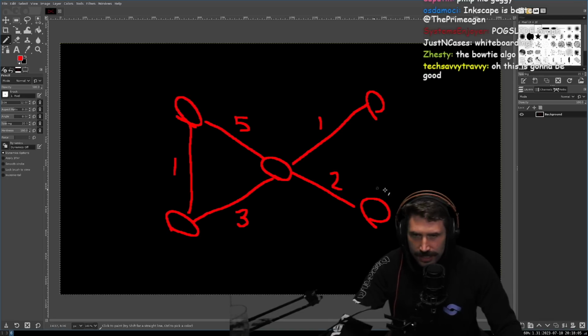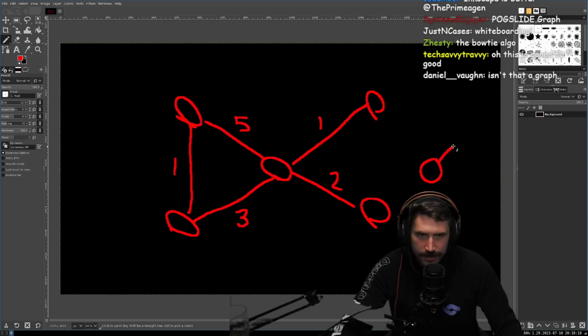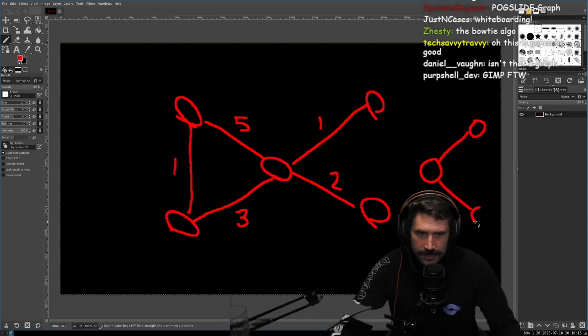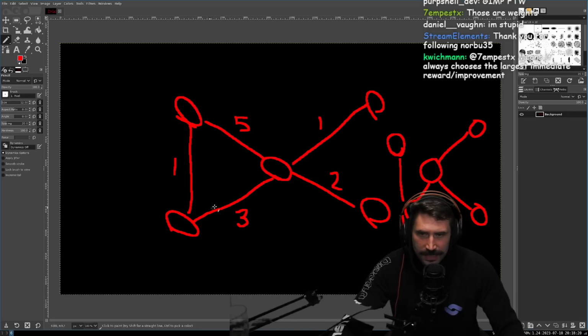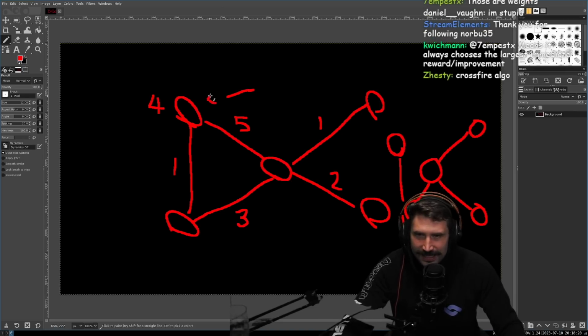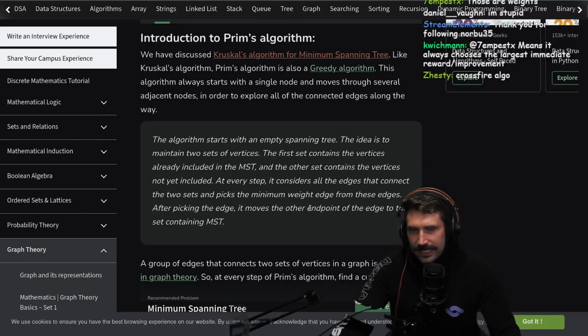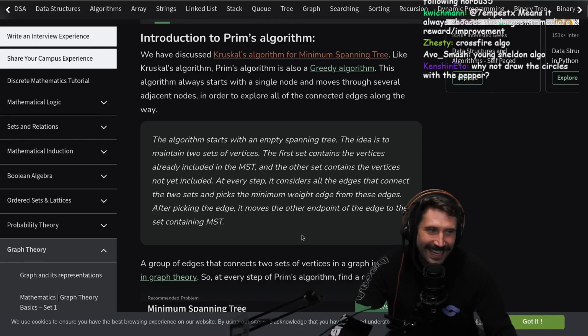You're going to first choose this one. Then our minimum spanning tree set will be this. Then it'll be this, then this, and then this, because it'll be greedy, and this will be 4 versus 5. That's my guess.